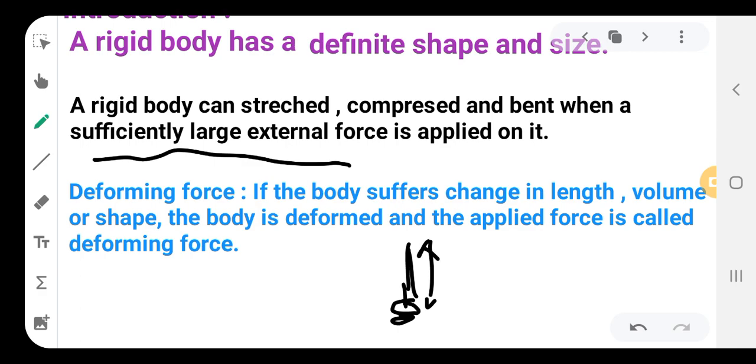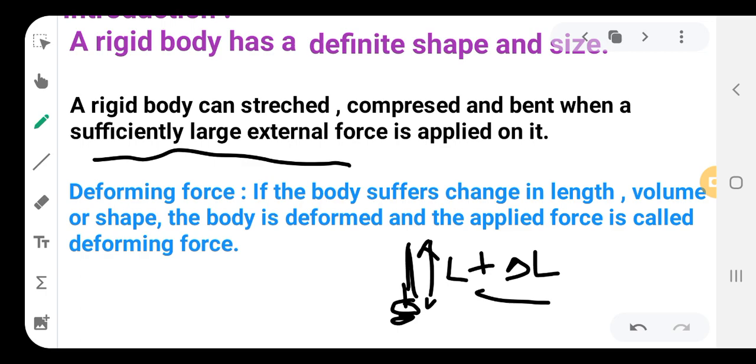If L is the initial length, the change in the length will be plus delta L. So it will be stretched. Now it is deformed. If it is increased, it is deformed; if it is decreased, it is also deformed.